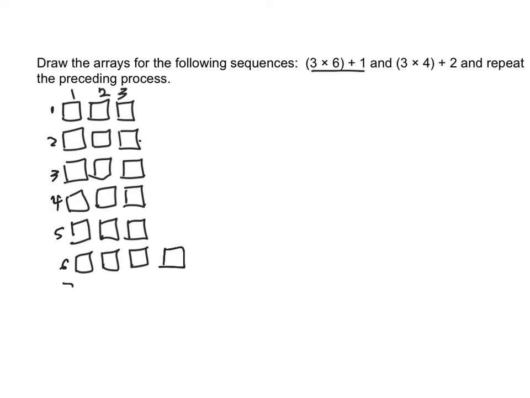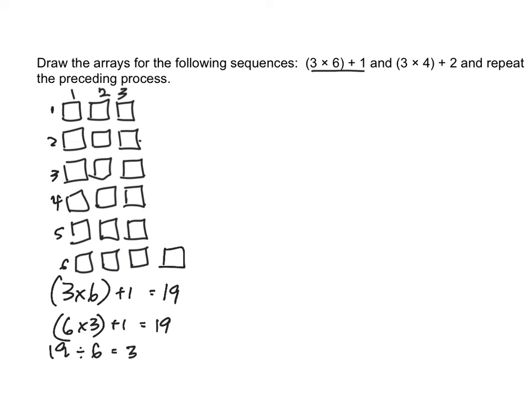Well, we've got 3 times 6 plus 1. And we know 3 times 6 is 18 plus 1 is going to give us 19. Or we have 6 times 3, if we choose to go that way, plus 1, which still equals 19. Our division would be 19 divided by 6 equals 3, remainder of 1. Or 19 divided by 3, which will equal 6, again a remainder of 1.